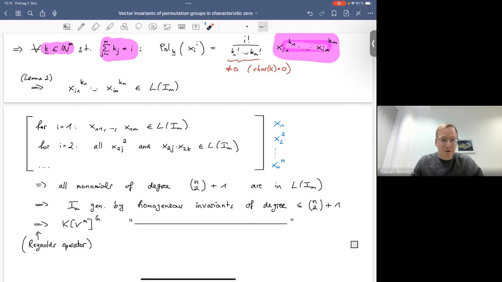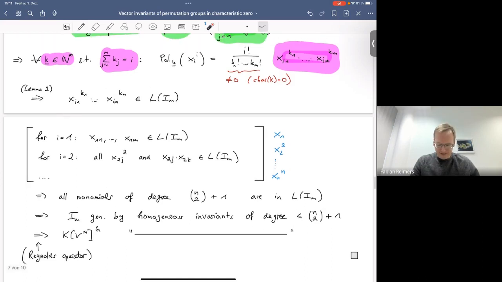We are in the non-modular case now, and our line of argument is that we want to show the invariant ring is generated by homogeneous invariants of degree at most this. We can use the Reynolds operator to get generators of the Hilbert ideal, and from generators of the Hilbert ideal, corresponding generators of the invariant ring.